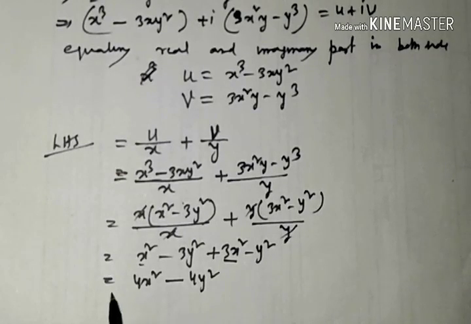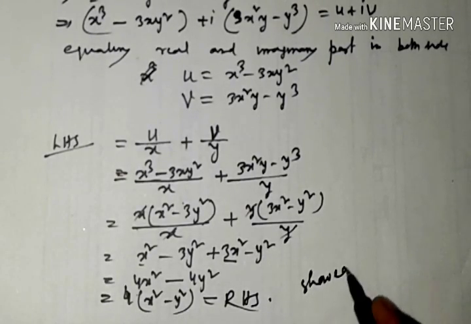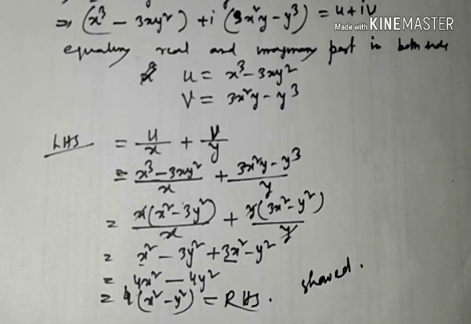Again if we take 4 common, 4 times x square minus y square, and this is the RHS. Proved. And this is all about the problem. Next class also I shall discuss 3 or 4 more problems which are also most important for today. I have finished my lecture.